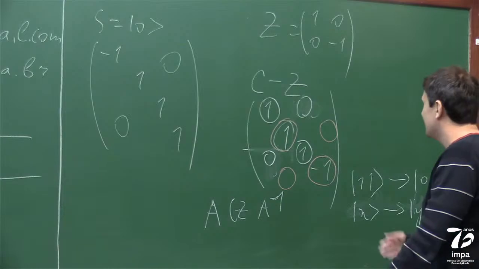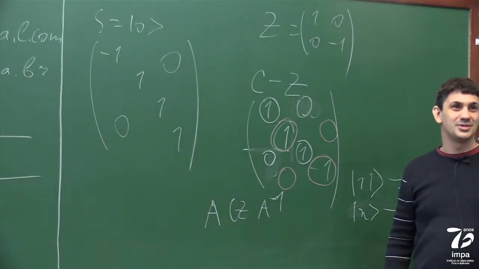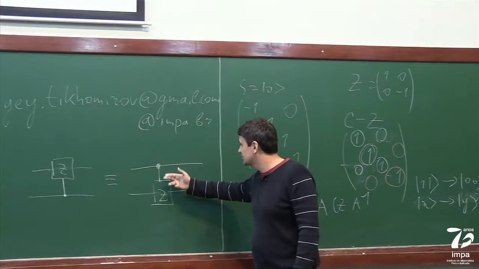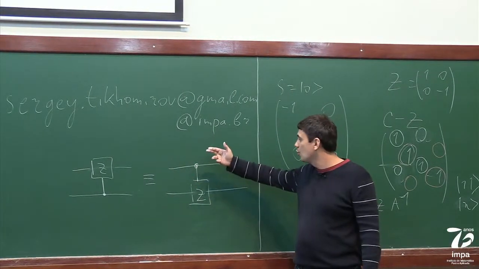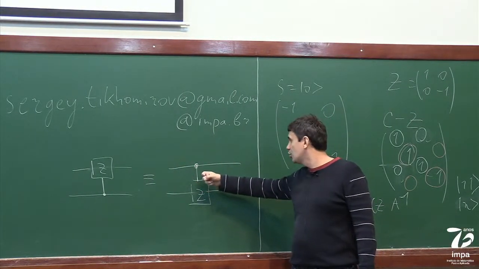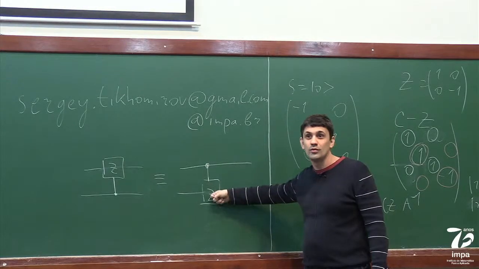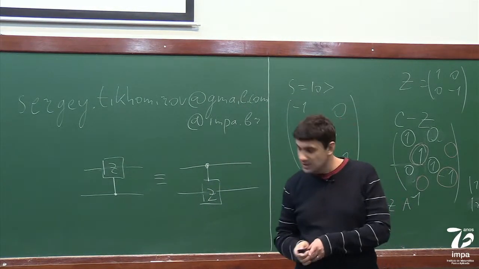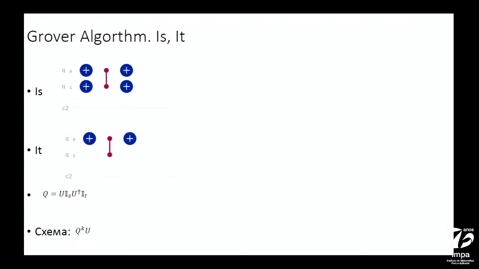Both of them will give the same result, so they are equivalent. Because of this, there is no reason to say which of them is controlling and which of them is implementing Z, so they use this strange notation. Yeah, question? No? Okay.